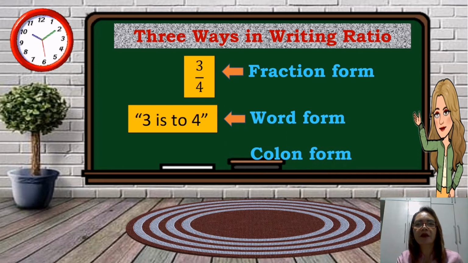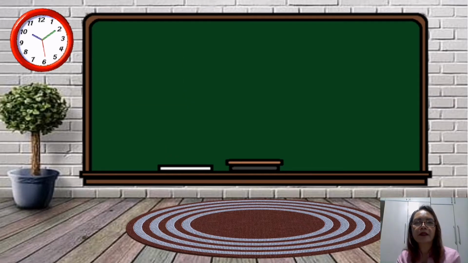We call it colon form. So 3:4. Okay, be sure you understand that these are all ways to write the same number. So, three ways in writing ratio. We have fraction form, word form, and colon form. Okay? Let's have an example for ratio.